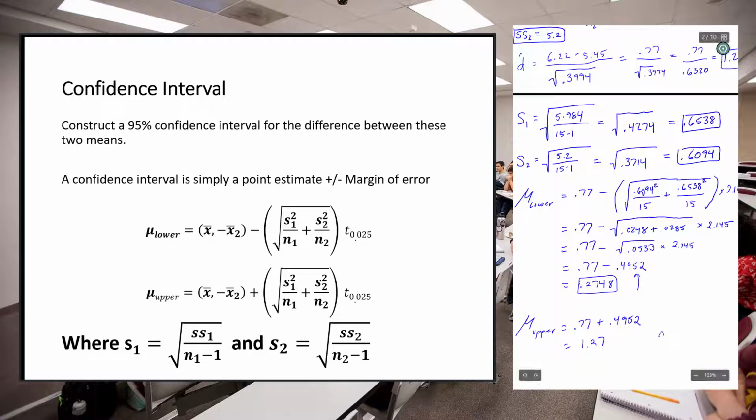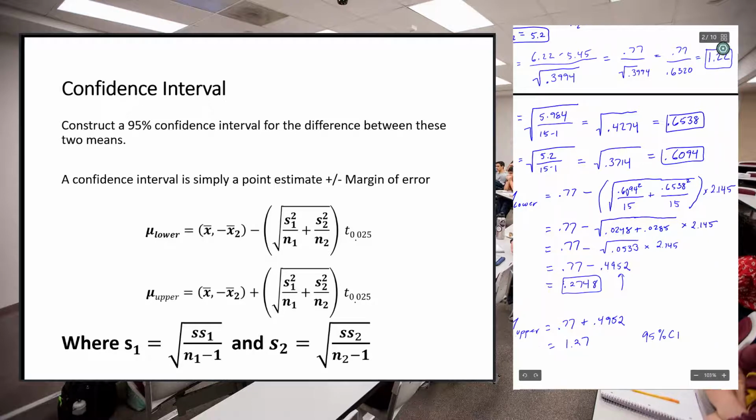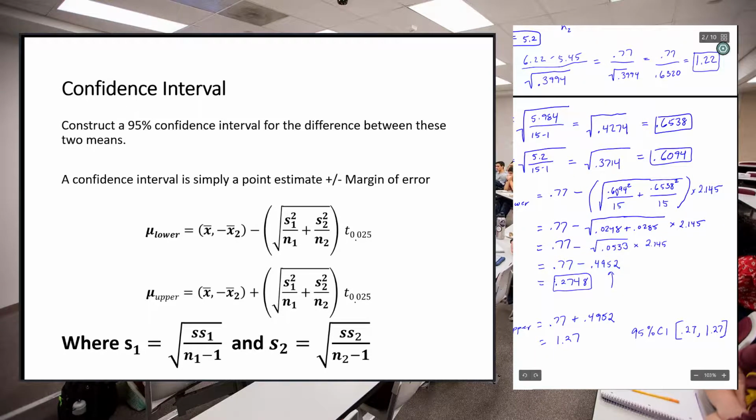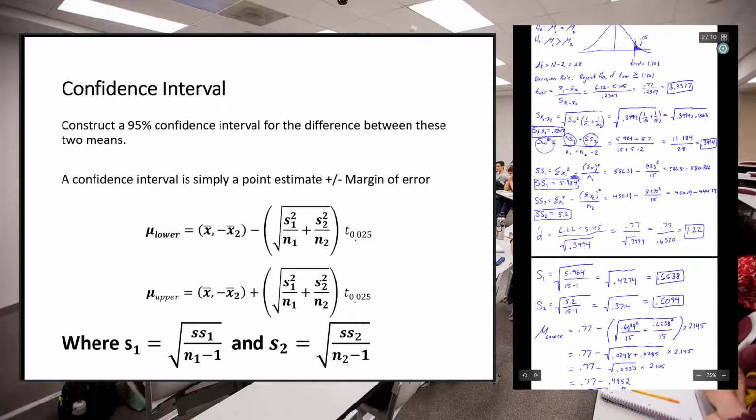So our 95% confidence interval is going to be the lower bound of 0.27, comma, the upper bound 1.27. Okay. Well, that was a lot.